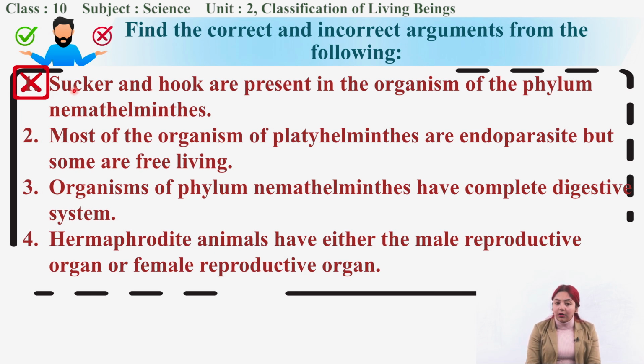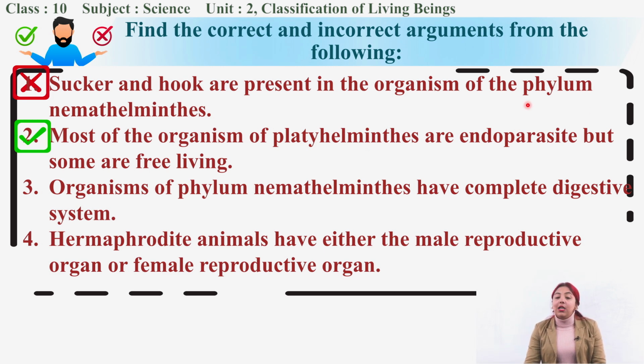Now the second argument, most of the organisms of Platyhelminthes are endoparasite, but only some of them are free living. Is this correct? Yes, it's correct, because I also mentioned that most of the Platyhelminthes are endoparasite. Endo means inside, and parasite means the organism that is parasitic, that goes inside the host body.